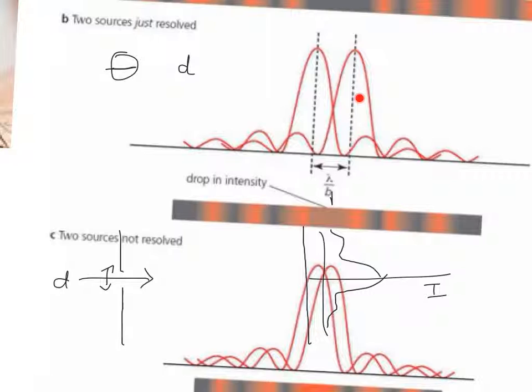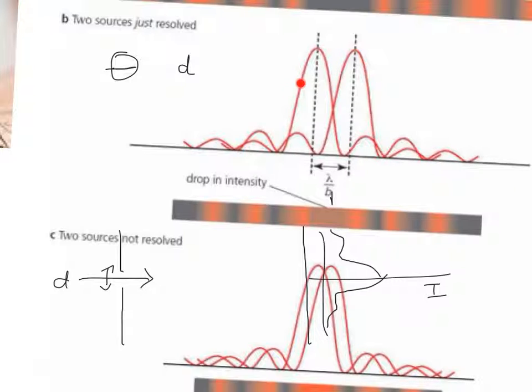So this would be one car headlight. The main peak would be focusing on the back of your eyeball, but it would be nice and distinct because the other object's minima just happens to be lined up with it.